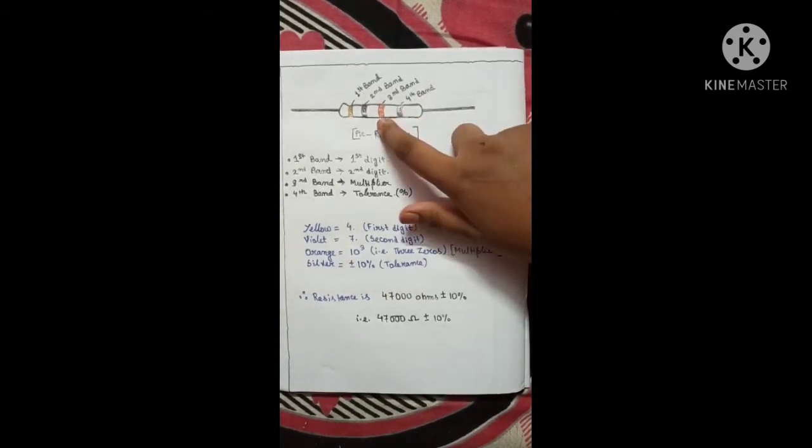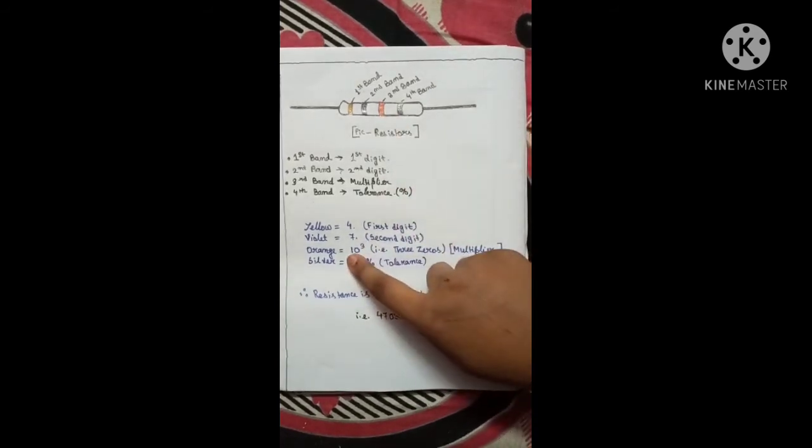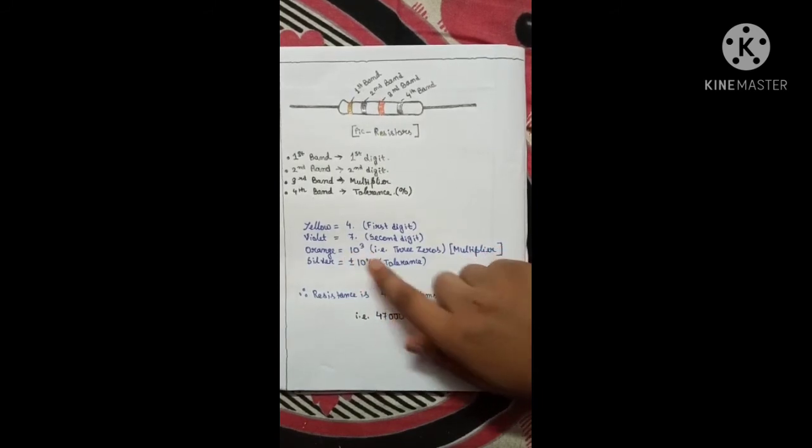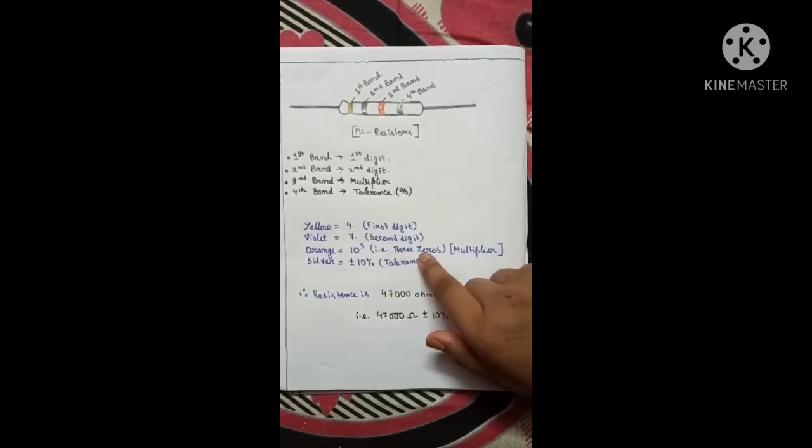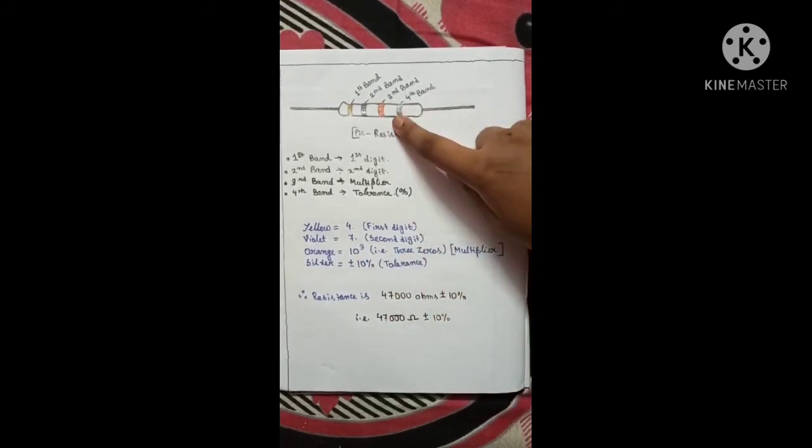In the third band we have orange, and according to the color code chart orange is 10 cube, that is 10 to the power 3, as it is the multiplier, that is 3 zeros. So this will be the multiplier of this resistor. And in the last and fourth band we have silver color.